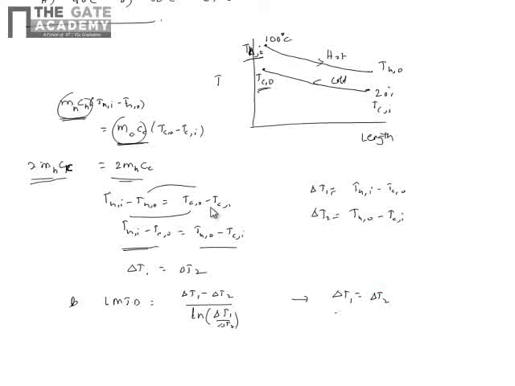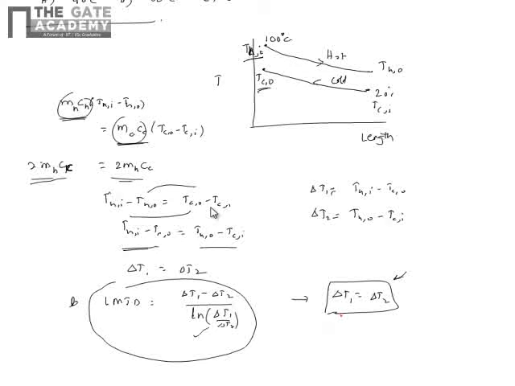When these are equal, you may think that the denominator blows up and ln becomes zero. No, that's not the case. Remember, this formula is derived with one important step where you assume that delta T1 is not equal to delta T2.